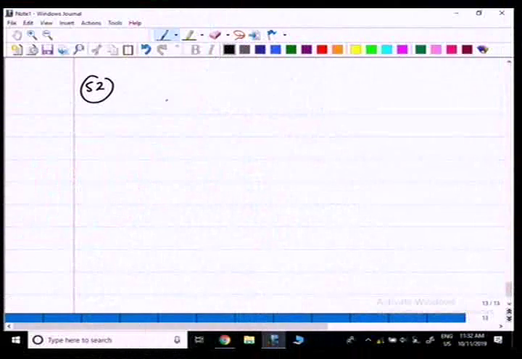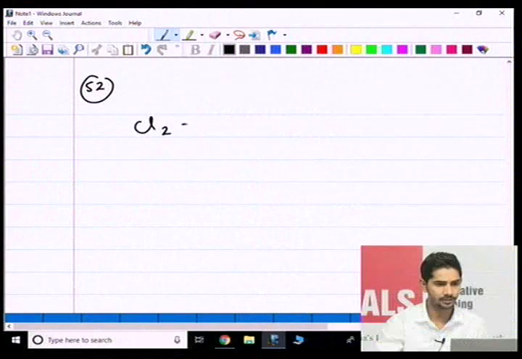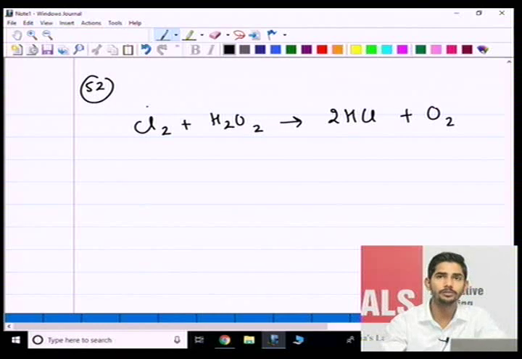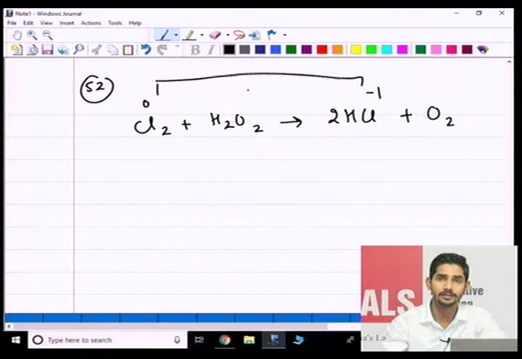See, if I pick this equation, twice of HCl plus O2. You can calculate the oxidation state of the Cl, 0 here, and here it is -1. So as oxidation number is decreasing, so it is reduction.